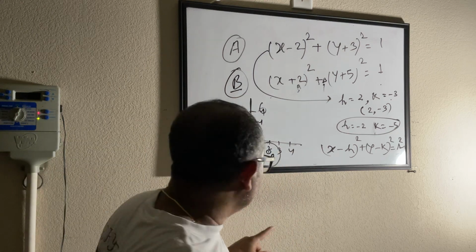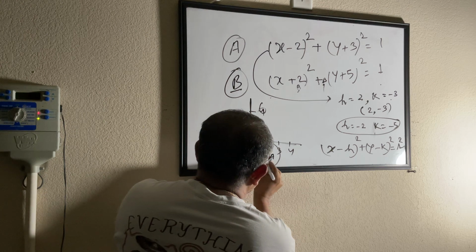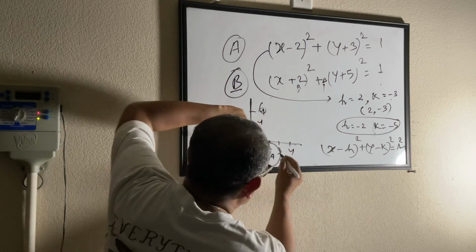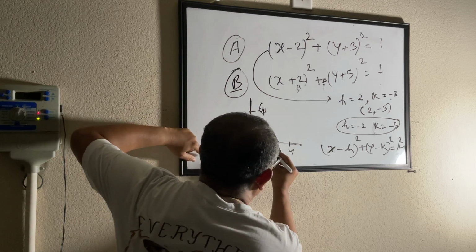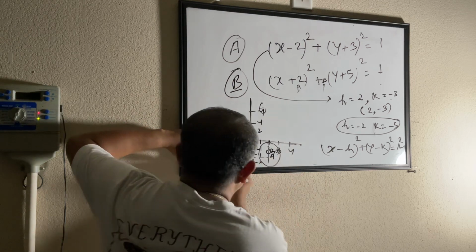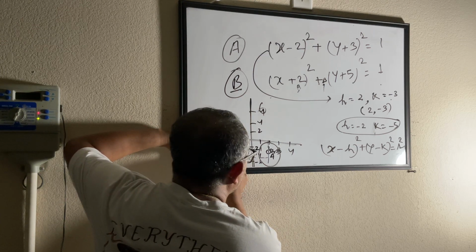Okay, so let me just draw this circle. Now I have to find out how far apart they are. Here this is 2 comma minus 3 and this is minus 2 comma minus 5.